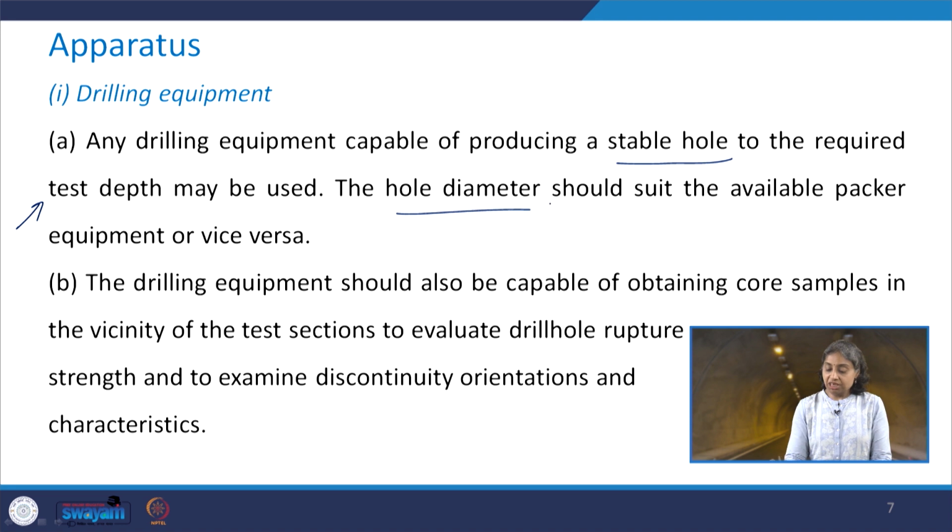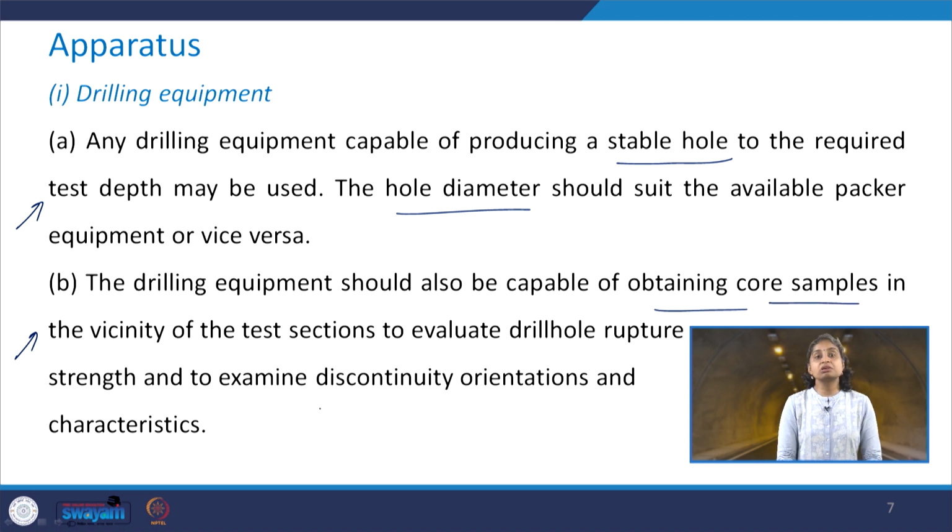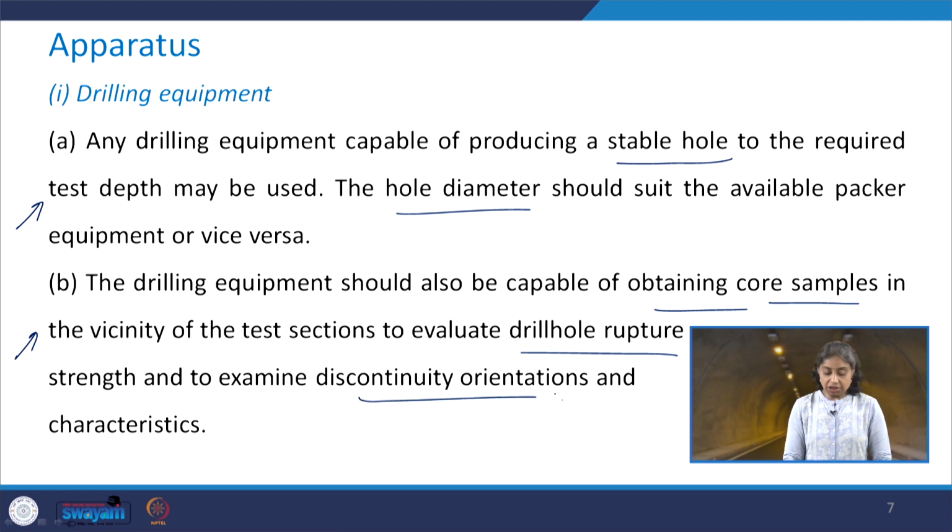The hole diameter should be such that it suits the available packer equipment, or vice versa. The second point is that the drilling equipment should also be capable of obtaining core samples in the vicinity of the test sections to evaluate the drill hole rupture strength and to examine discontinuity orientations and characteristics.